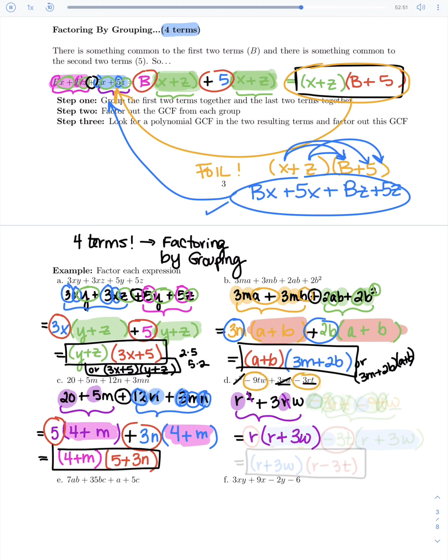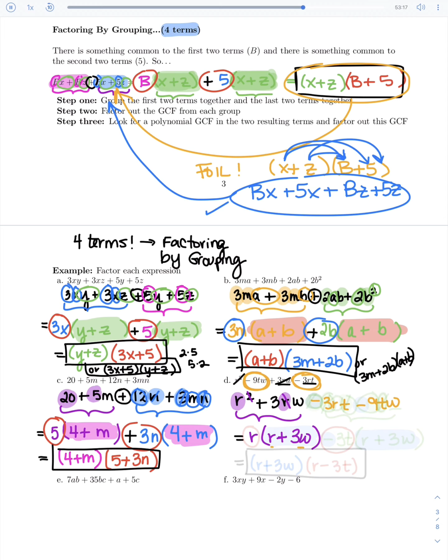Well, what it tells me is that my first piece, because I'm going to want these to match when I'm done, needs to have the r in it, and my second piece should have the w in it. So I need to have the one with the r first, the negative 3rt, and the one with the w, the negative 9tw second. Because remember, the goal is that our pieces have to match at the end. This is my way of making sure.